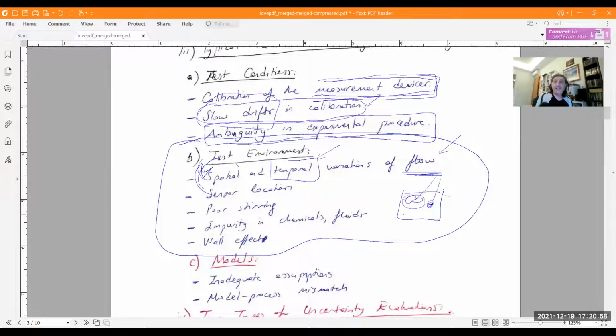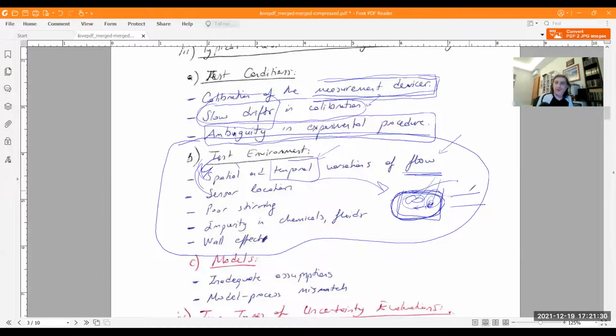Usually in computational analysis, we say let's assume that we have a well-stirred tank, but is it really well-stirred? Which means that there should be uniform concentration here. But is the reality so? Well, that's questionable. So the location of the sensor is going to have an effect on the result. And here, for instance, there's probably going to be a bias depending on the sensor location.